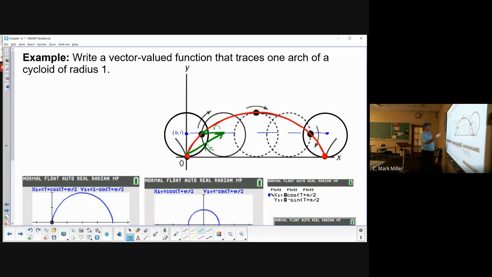So R1 is going to equal 1, and we're not going to have time. R1, very similar to what we've already done, is going to be cosine of something i plus sine of something j.